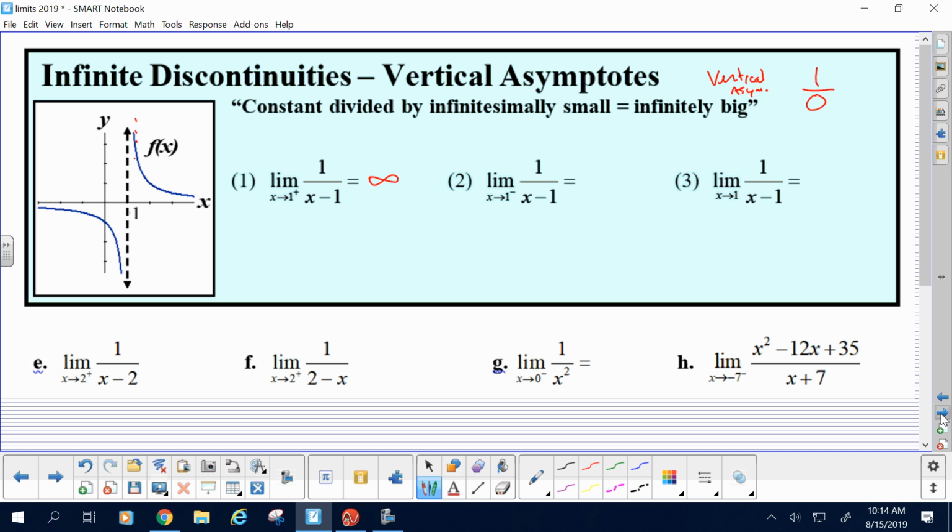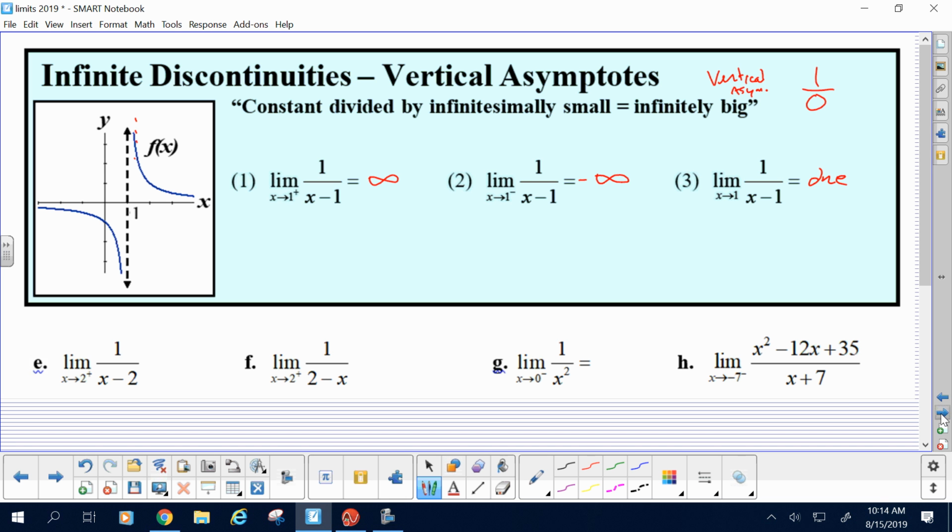What about from the left-hand side? When you divide by tiny numbers, you get huge results, but positive or negative? Negative. And therefore, the limit at 1, if the limits are different from either side, it's infinity. Okay? So what about the next one?